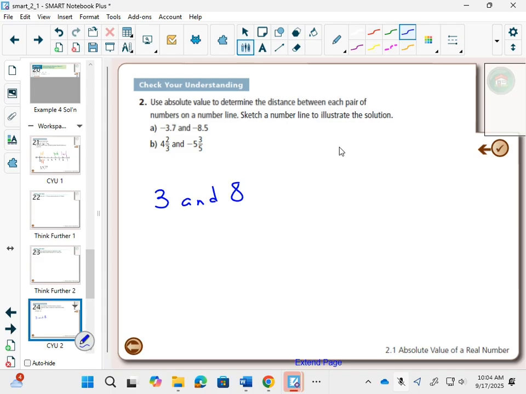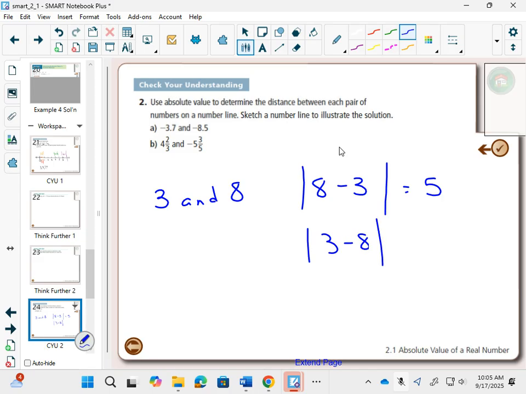And so if absolute value is distance from 0, when we use absolute value with numbers that we're subtracting, we're finding the distance in between them. Now, that's obviously 5, but what's cool is the distance between 8 and 3 is the same as the distance between 3 and 8.